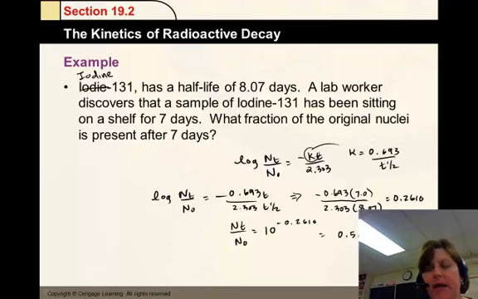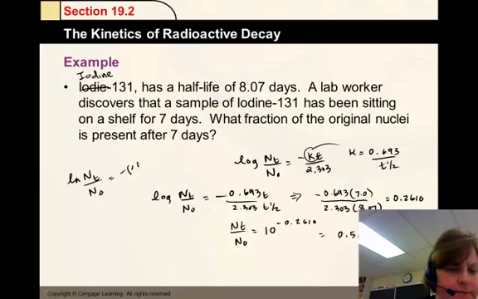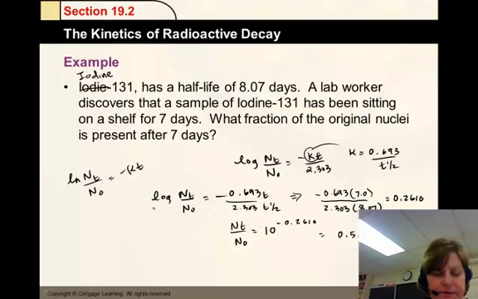So it makes sense that a little more than half is still active, because we haven't reached its first half-life yet. We could also substitute into the ln Nt over N naught equals minus kt formula, raising e to the x, and we'd still get about 55%. So either way you should get about 55%.